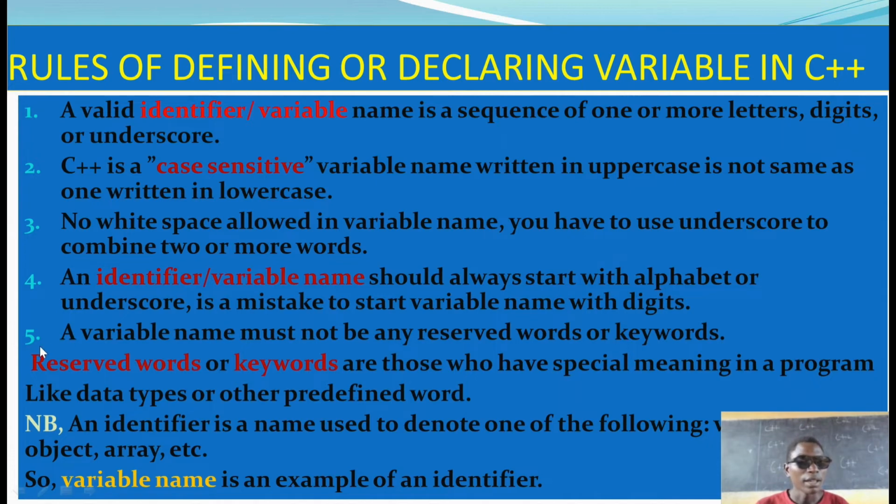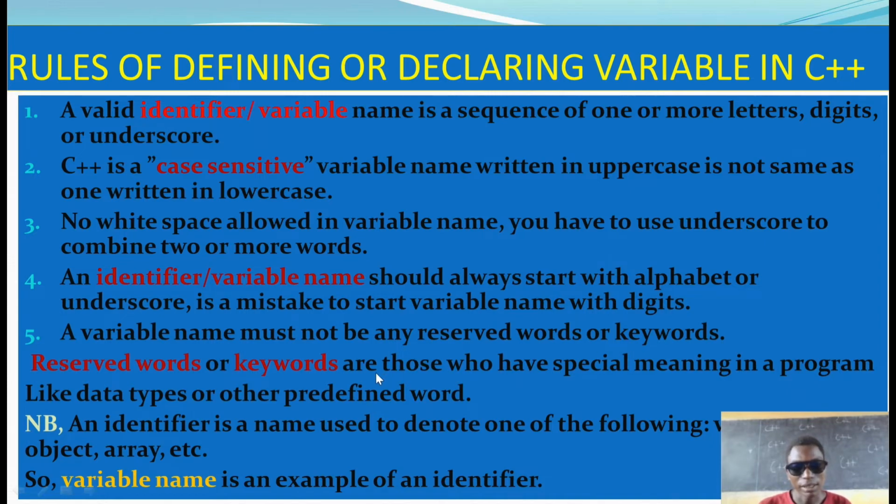So, lastly, the fifth rule says that a variable name must not be any reserved word or keyword. You may ask what is meant by a reserved word or keyword.